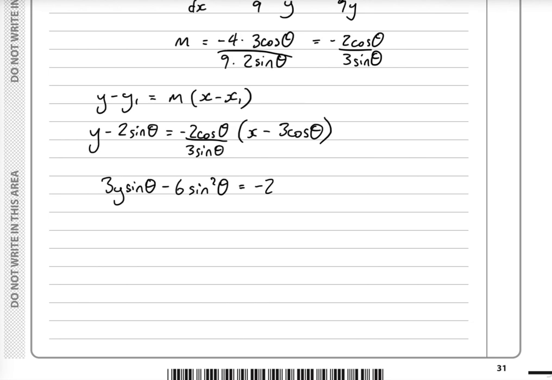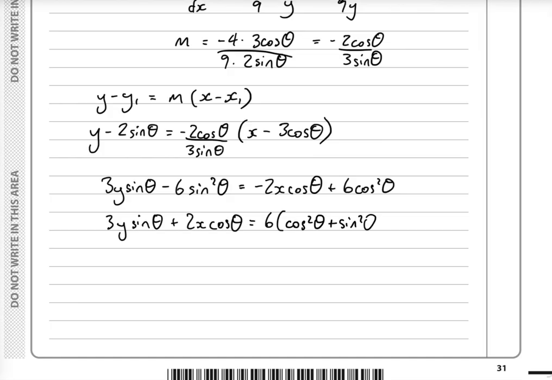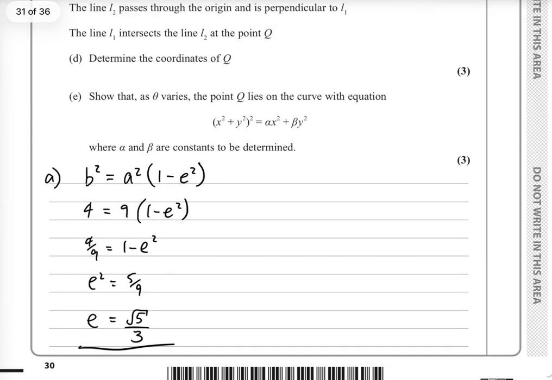Expand the brackets: minus 2x cos theta plus 6 cos squared theta. 3y sine theta plus 2x cos theta is equal to 6 lots of cos squared theta plus sine squared theta, which of course is a 1. Change the order here to match what they've got, and we are finished.